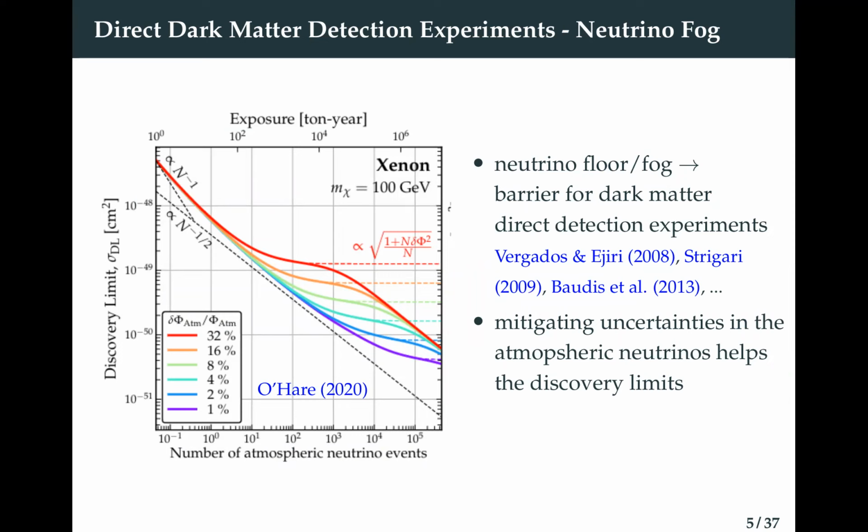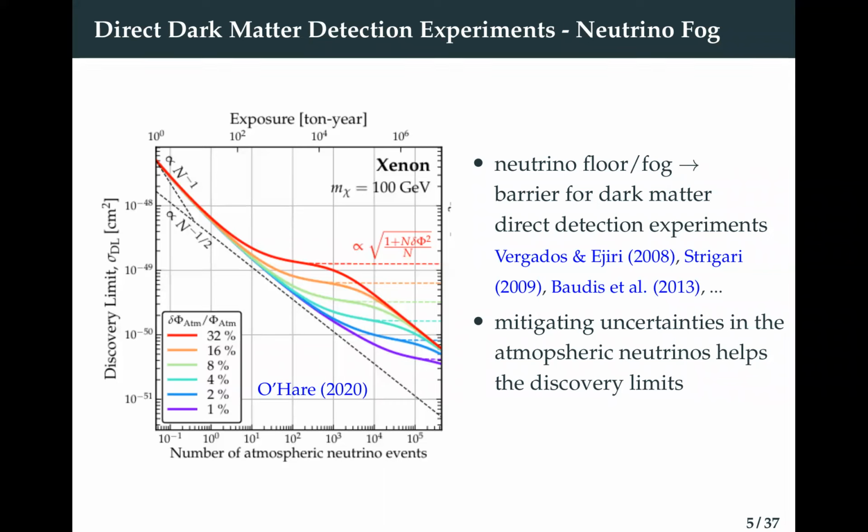But that is not the only reason. The atmospheric neutrino fluxes, especially the low energy ones, are backgrounds, especially for the direct dark matter detection experiments. They compose the so-called neutrino fog. As we have more and more volume in those dark matter detectors, they will start to see neutrino-induced recoils on the nuclei.